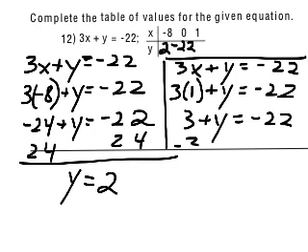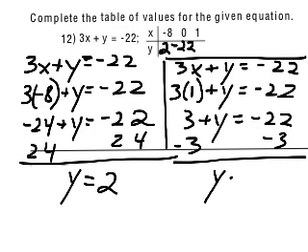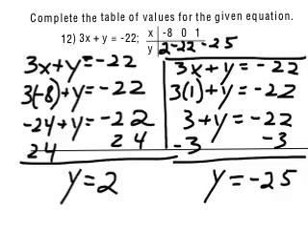Add a negative 3 to both sides. And we get y equals negative 25. So negative 25. That's all there is to it. It's just you plug in the x's and you find out what the y's are. There's nothing mysterious about this.